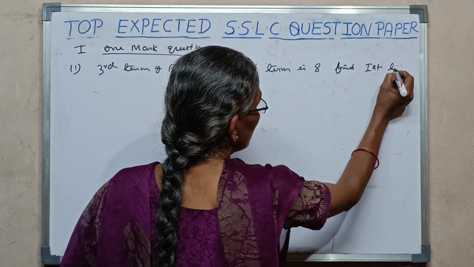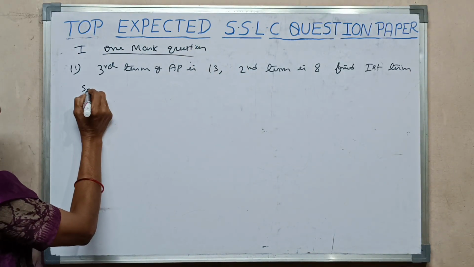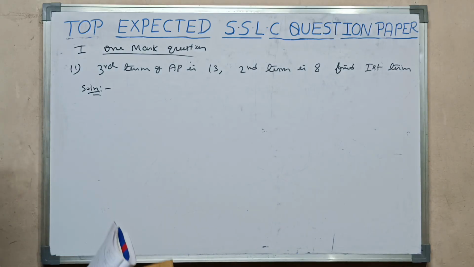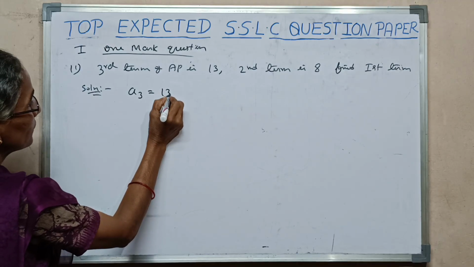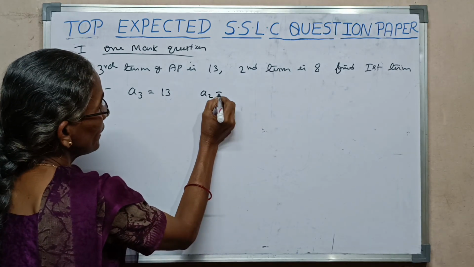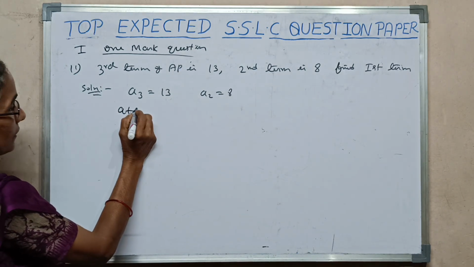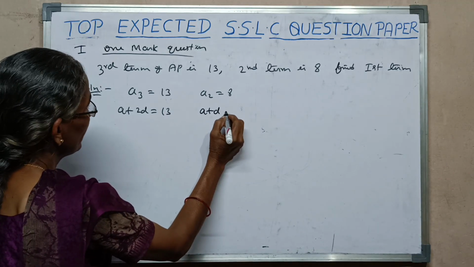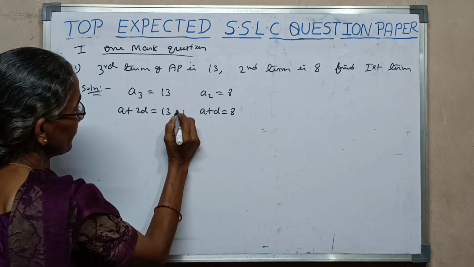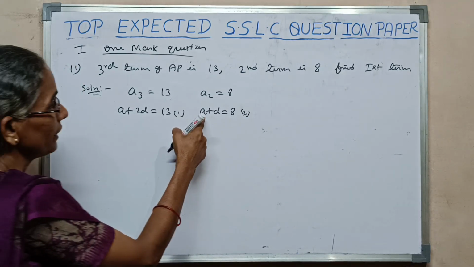Solution: the third term A3 is 13 and the second term A2 is 8. A3 is written as A plus 2D, and A2 is A plus D. So equation 1 is A plus 2D equal to 13, and equation 2 is A plus D equal to 8.